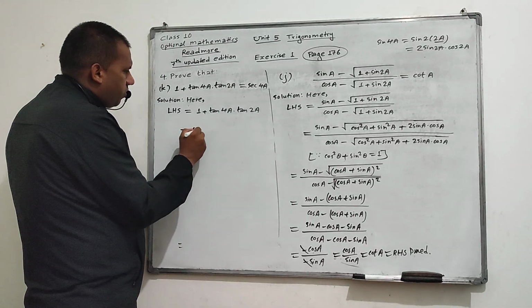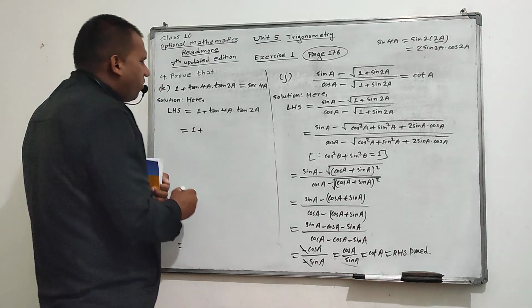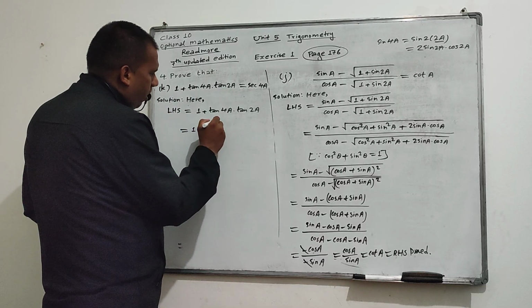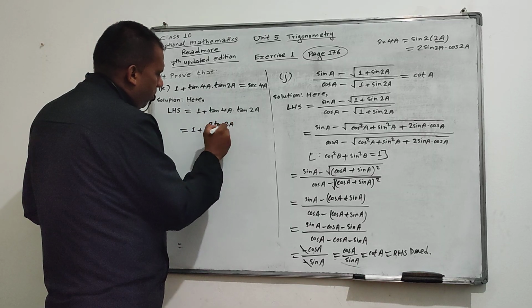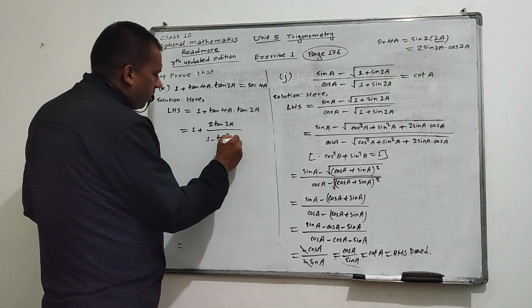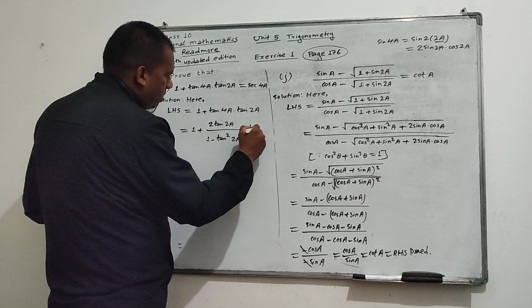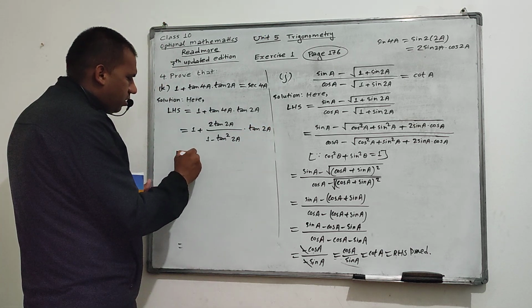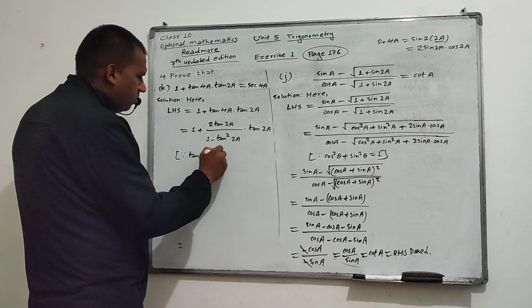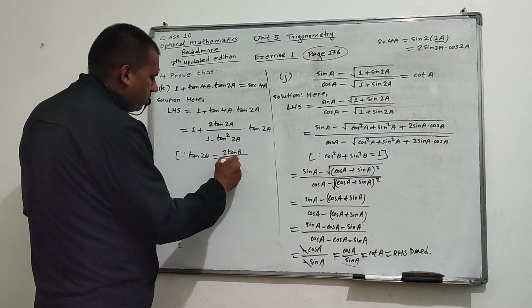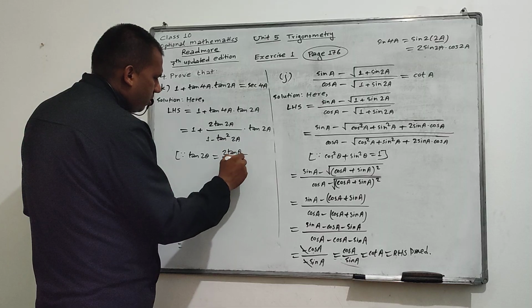Now this equal to 1 plus tan phi, 2 tan phi whole upon 1 minus tan square phi dot tan phi, using formula of tan 2 theta equal to 2 tan theta upon 1 minus tan square theta.